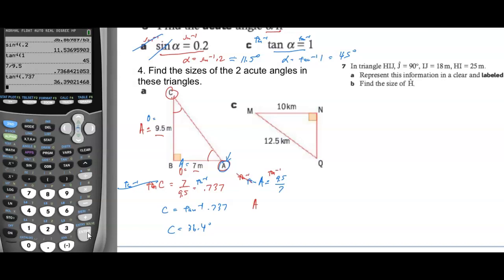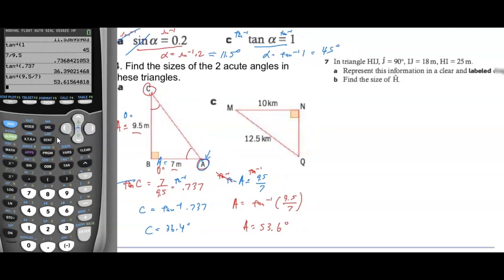So then we have A is equal to the inverse tangent of 9.5 divided by 7. Let's type that in. Inverse tangent of 9.5 divided by 7. 53.6.